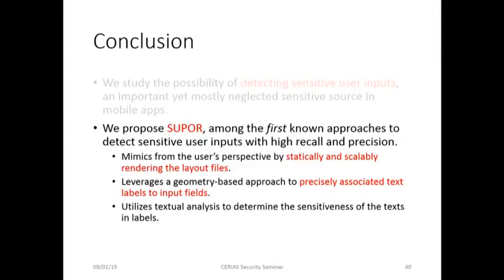SUPOR mimics the user's perspective by statically rendering the layout files to UIs, and it then leverages a geometry-based approach to precisely associate the text labels to input fields. At the end, it utilizes textual analysis to determine the sensitiveness of the text in the labels.